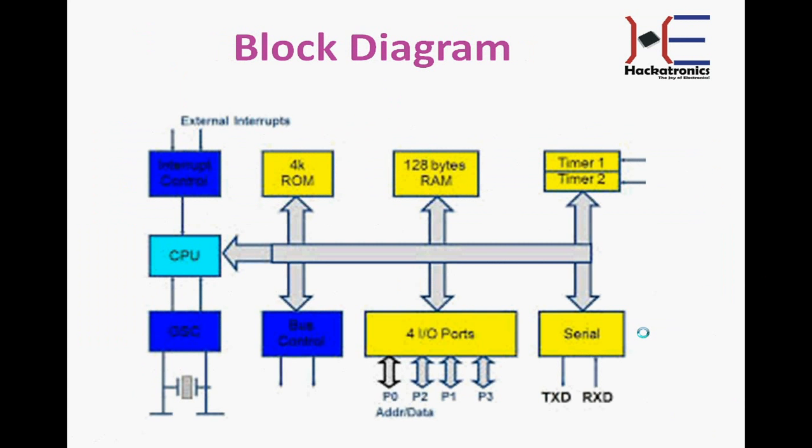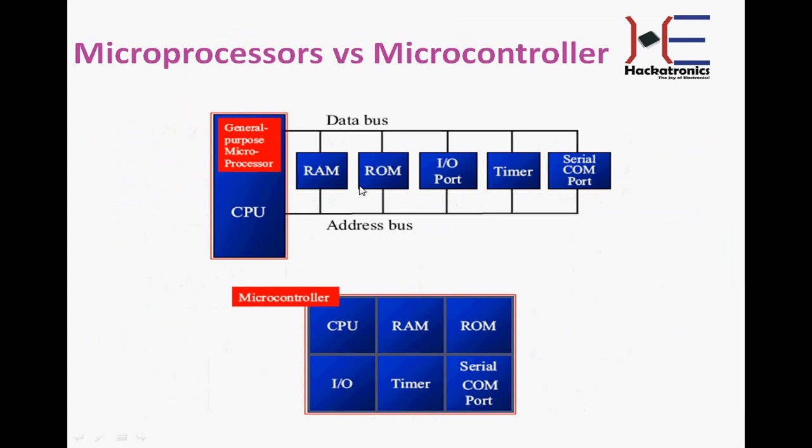Here is a block diagram of microcontroller. As you can see, it contains ROM, RAM, timers, serial peripherals, etc. Do not put any stress on the values at this stage as they vary from one microcontroller to another microcontroller. Till now, you might be able to differentiate between microprocessor and microcontroller.